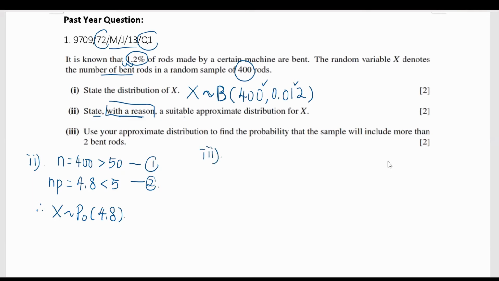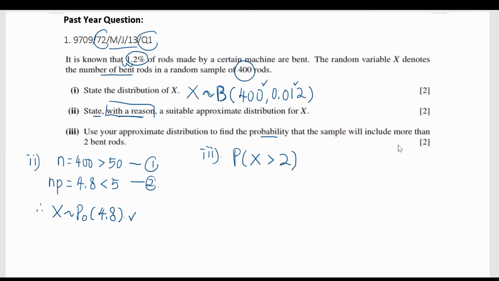Now use your approximate distribution, the Poisson approximate distribution, to find the probability that the sample will include more than 2 bent rods. So X is still the number of bent rods, and this time it is more than 2.